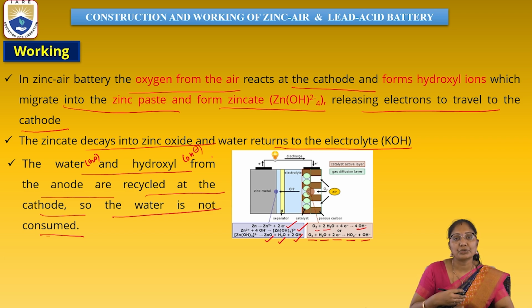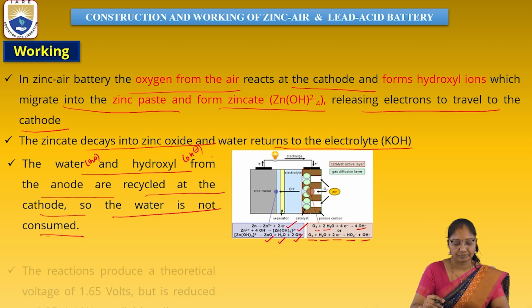There it is going to activate the zinc and result in the formation of zincates. Thus formed zincates, which is Zn(OH)4 2 minus, are going to dissociate into zinc oxide and water molecules.